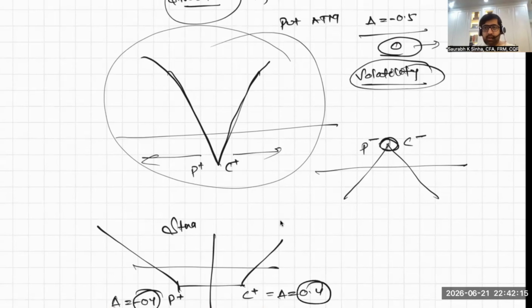So the net delta is zero. If the underlying asset, which could be currency or stock, moves a lot in either direction, you enjoy a lot of profit, and the premium that you pay is very small.